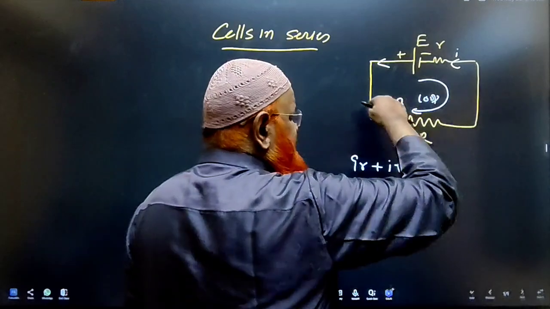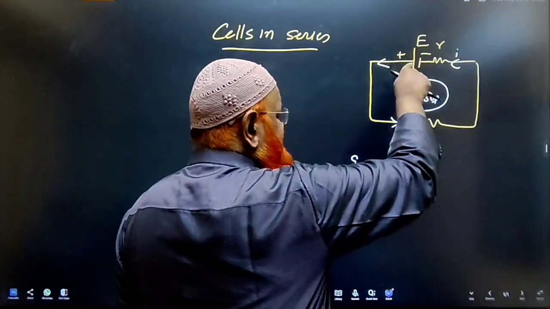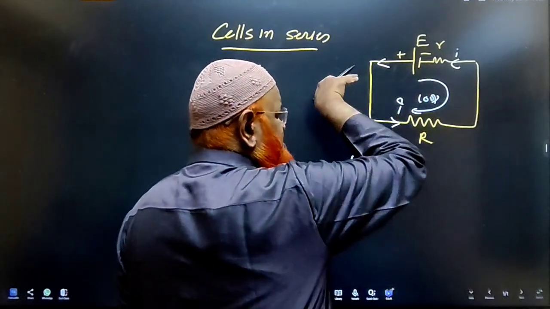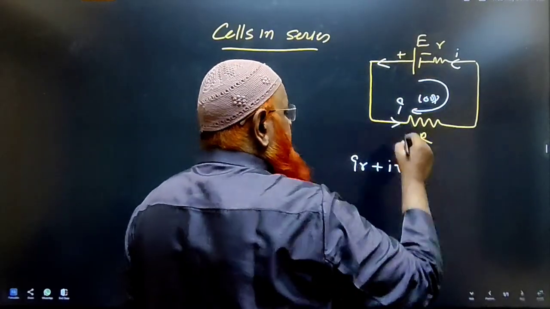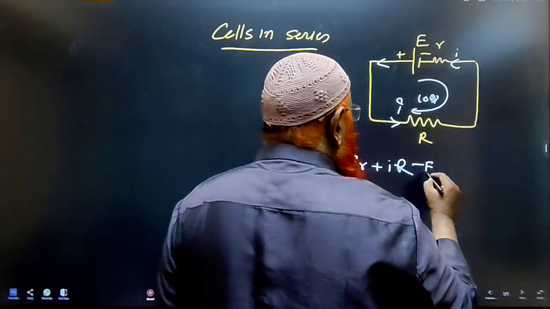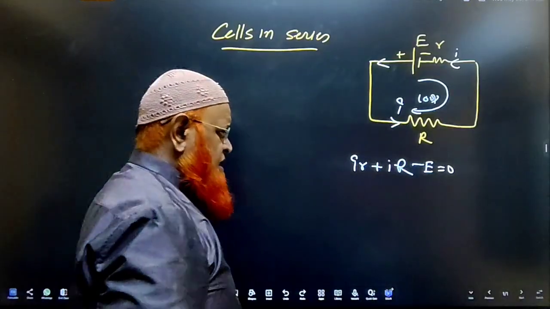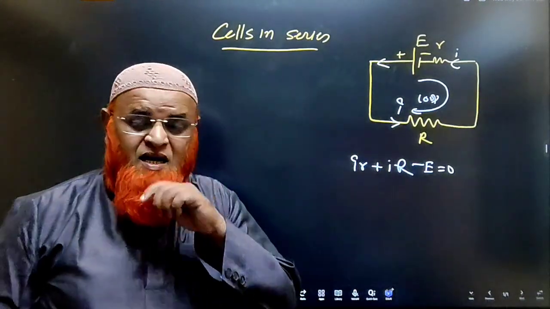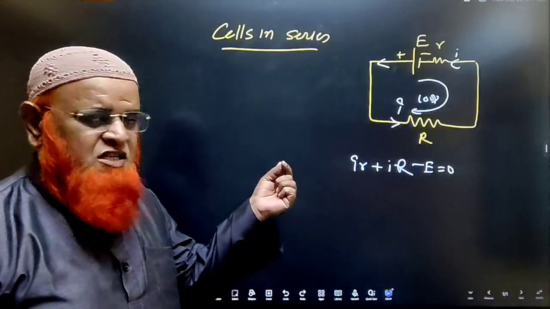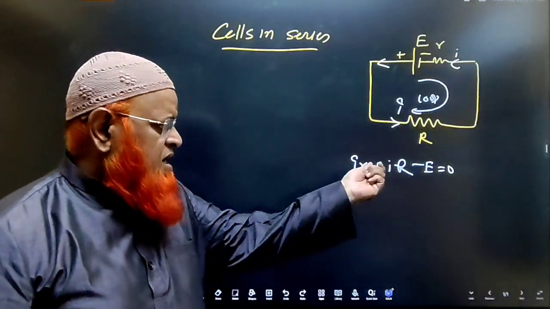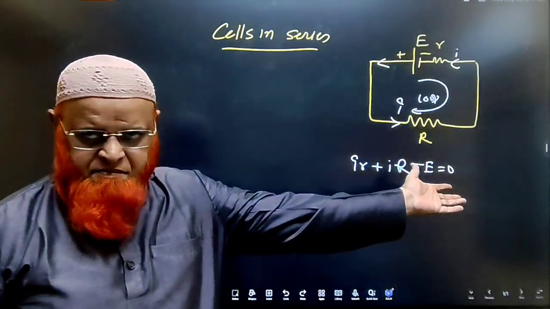Now the loop is in a clockwise direction, which means in the cell, the direction according to the loop is from positive to negative, which is taken as minus E, and the sum is going to be 0. This is called Kirchhoff's second law. It says that the algebraic sum of potential drops and EMFs is going to be 0.